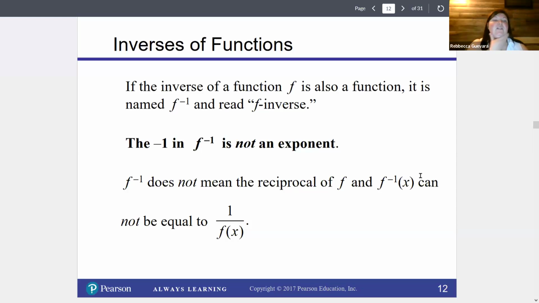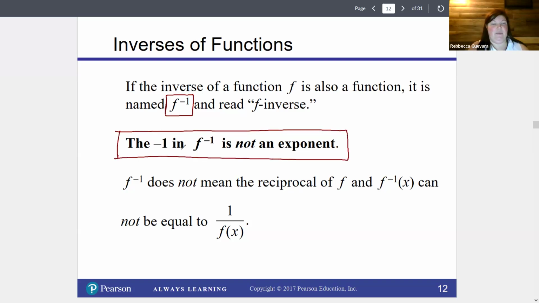Okay, so we need some new notation. If the inverse of a function f is also a function, and we can only do this if it's an inverse function, not an inverse relation, we're going to write this as f with a superscript of -1. And this reads f inverse. This is because there's been a mistake in the past. This does not mean we're treating it like an exponent. It is a notation to say we have an inverse. So the -1 is not an exponent.